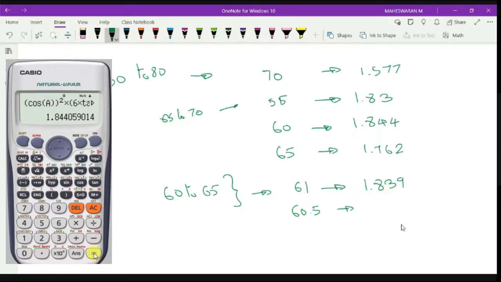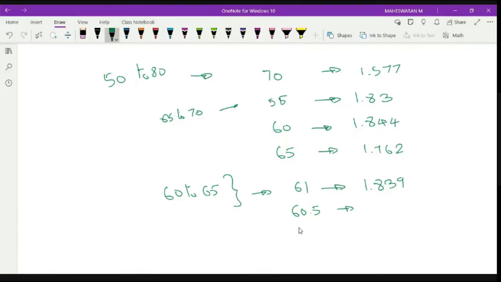1.844. Can you guess the values of 60 and 60.5? Let me take 4 or 5 decimals. For 60, it is 1.848, sir. And for 60.5, it is 1.844, which means decreasing.